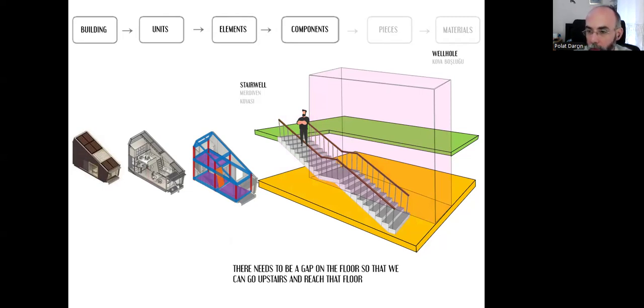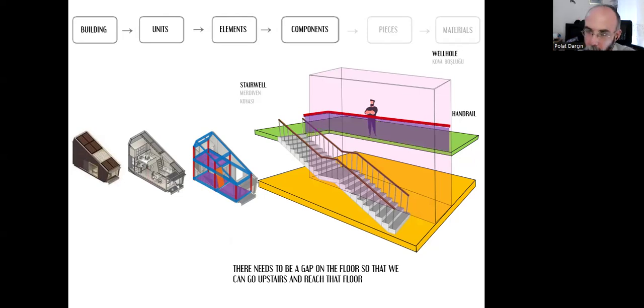And of course, since there is this volume, this emptiness, it can be called a gallery space as well. When the user is on the upper floor, there is a risk for them to fall down. So we need to protect them with the same type of guardrail and handrail as well.